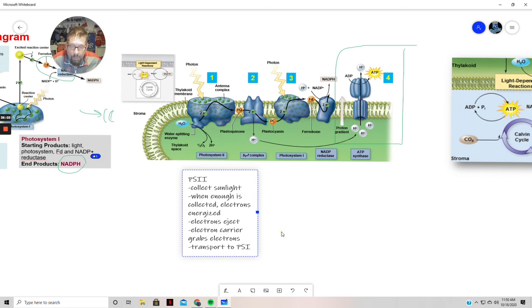Okay, then we'll close that out and pull up another little box and put that underneath photosystem 1. So we will go PS1, outline format, and again, same steps.